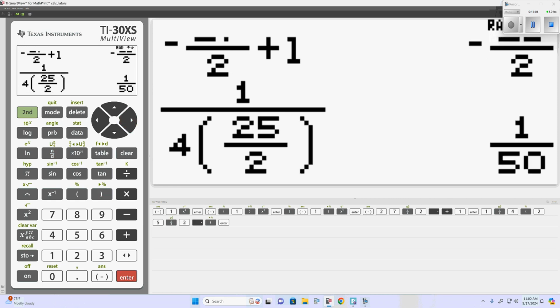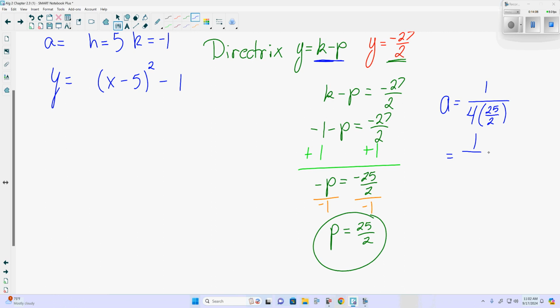Which is 1 over 50. So our equation for this here is y is equal to 1 over 50 times x minus 5 squared minus 1. That's it.